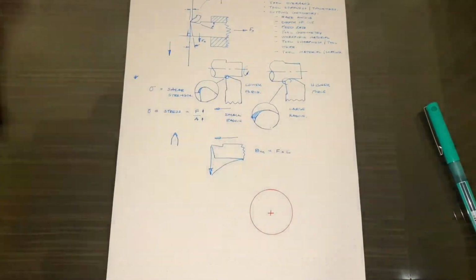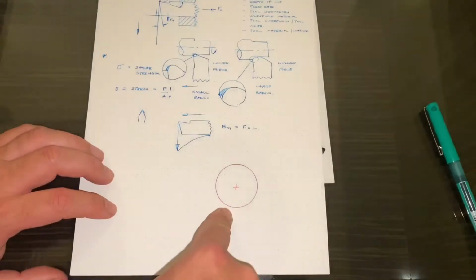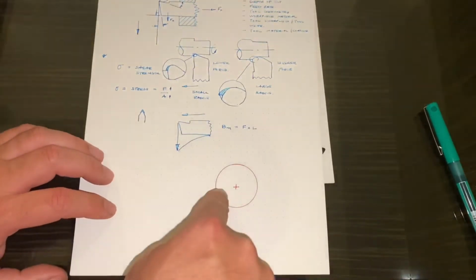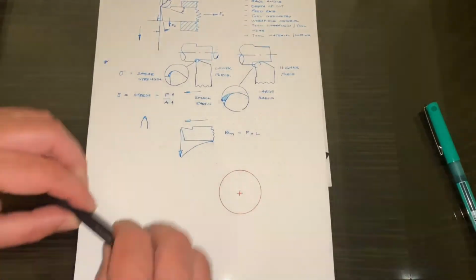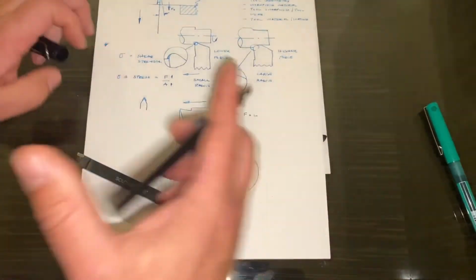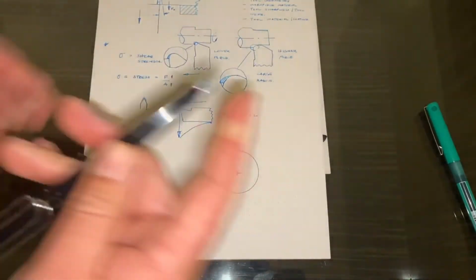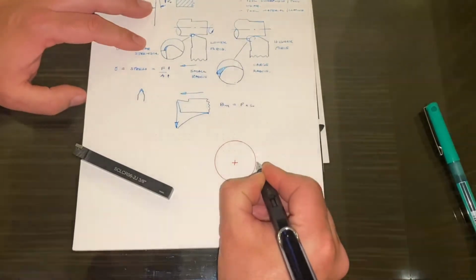Here's our round piece of bar. You have to imagine that we're looking at it from the perspective of the tailstock. There's our round piece of bar, and what we're aiming to do is to have the turning tool exactly on the centre line.